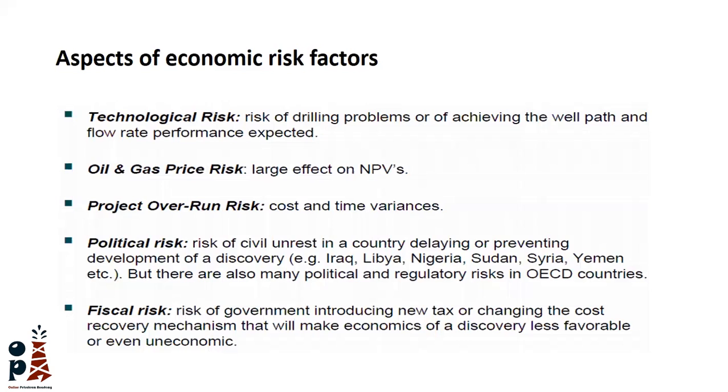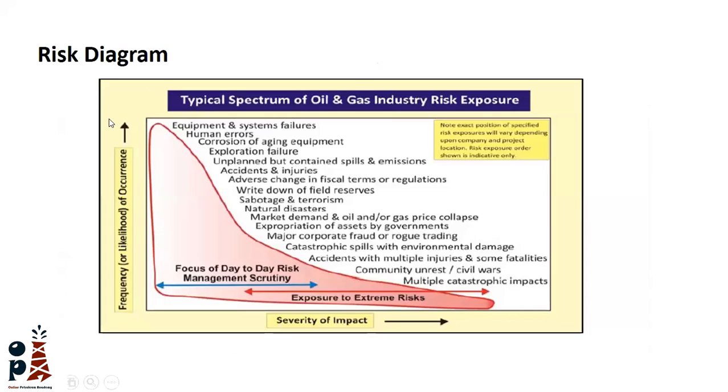So all these risks should be taken into consideration when you make an economic model. So risk analysis is basically estimating the probability of occurrence of an event to see the impact of this event on the project.